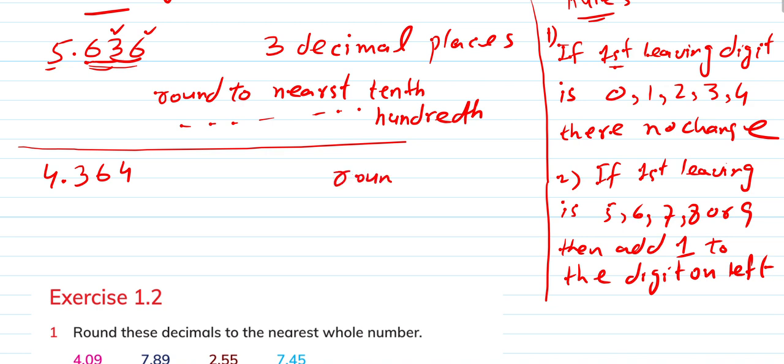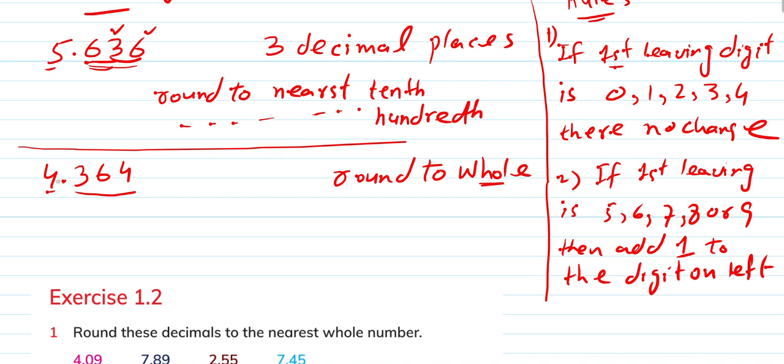Round to whole. Now, what is the whole part? This part. It means we have to leave all that. Yes or not? Because if it has been asked to round to the whole, it means just keep the whole and leave the decimal part.